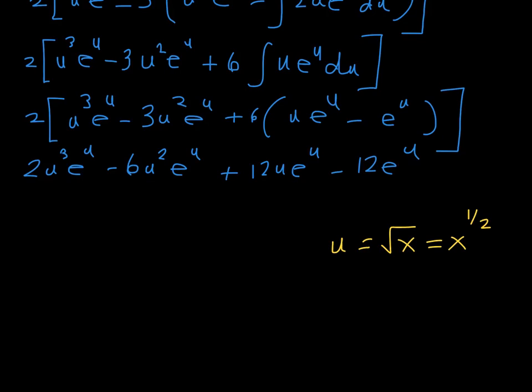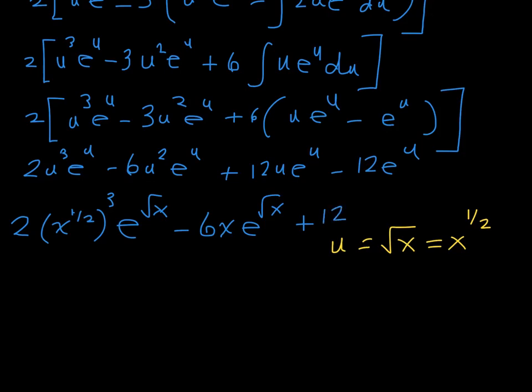So if I put everything back in terms of x, this would be 2 times x to the 1/2 cubed e to the power of the square root of x, minus 6 times u squared, which would be the square of the square root of x, which would just be x, e to the square root of x, plus 12 times the square root of x, e to the square root of x, minus 12 times e to the square root of x.